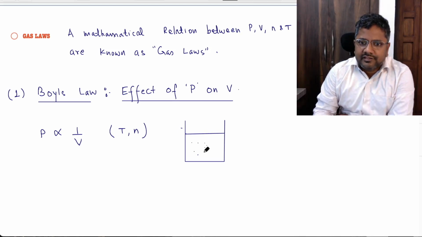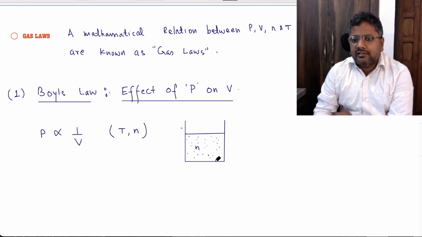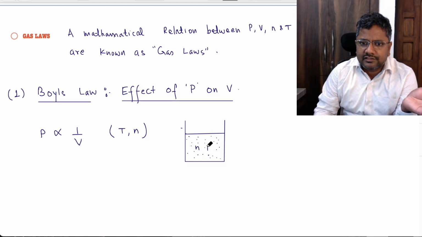We have taken some gas here. If we take some gas in a closed container, N is constant, and by putting it on a thermostat, T is constant. And from here to here, this is volume.